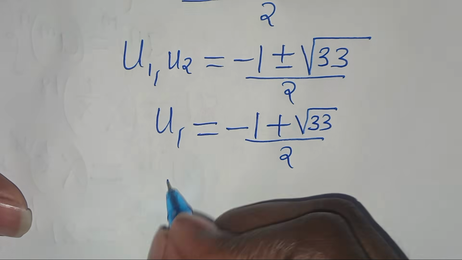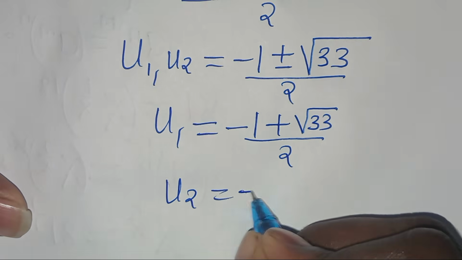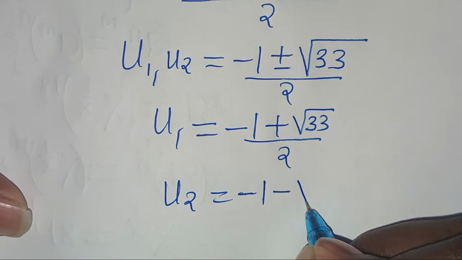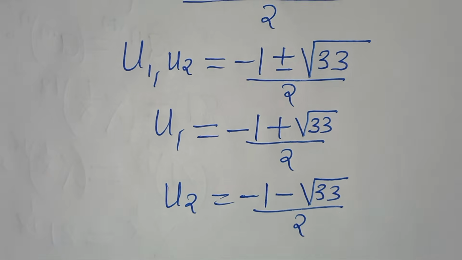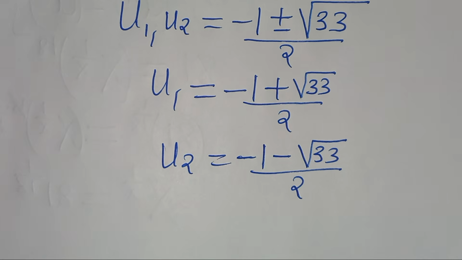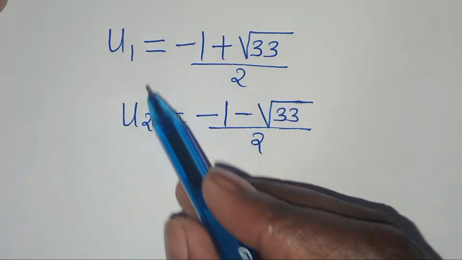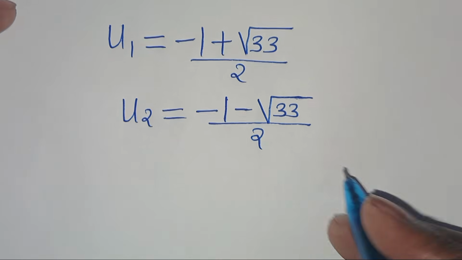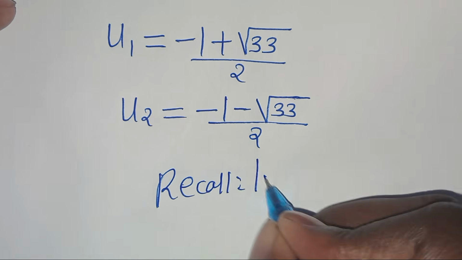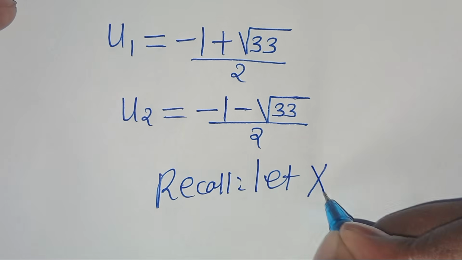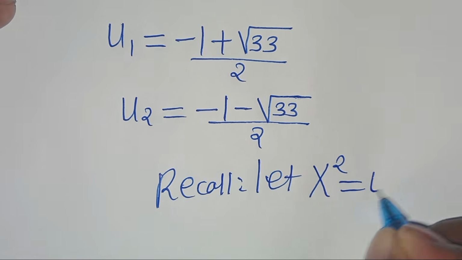And then we have u2, this is equal to negative 1 minus the square root of 33 divided by 2. Now, if you recall, we let x to the power of 2 be equal to u.